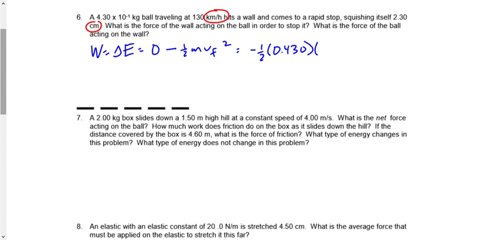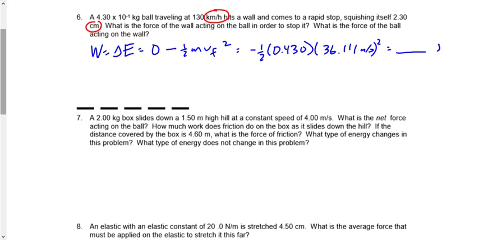130 kilometers per hour in meters per second is what? 36.11? All right. Let's try that again. And when we do that, we should get, I believe, negative 1.22 times 10 to the, oh, sorry, that's work, right?